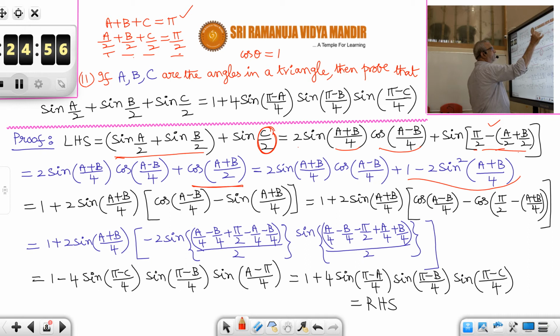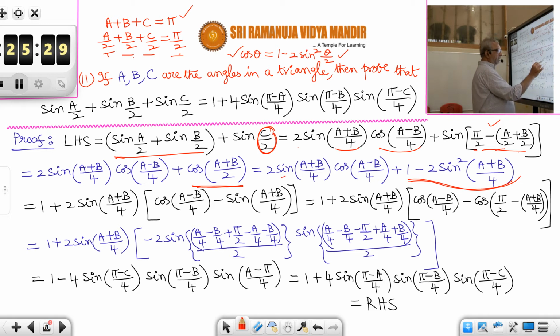Out of them, one is 1 minus 2 sin square(theta/2), or 2 cos square(theta/2) minus 1. I am using this formula for cos((A plus B)/2): 1 minus 2 sin square of ((A plus B)/2)/2, so it is (A plus B)/4.